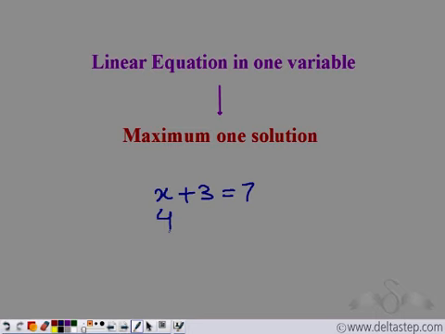No. There is no other value of x which when added to 3 will give you 7. So there exists only one value of x which makes this equality hold, or which makes this statement true. So a linear equation in one variable has just one solution, that is, only one value of the variable which makes it true.